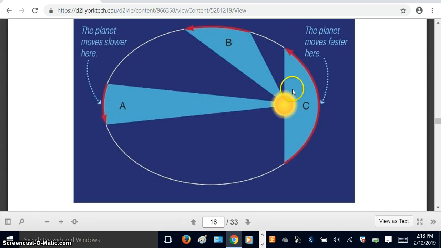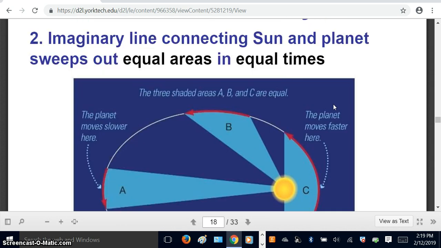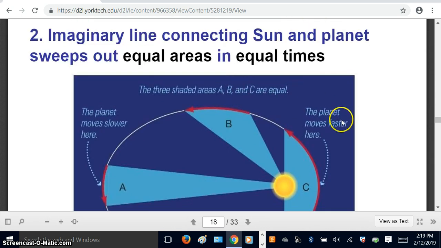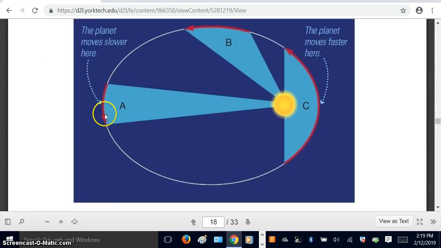When it's closer to the sun, it's moving faster, or the fastest. So that's another way of saying Kepler's second law: equal area in equal times, or slower when it's further from the sun and fastest when it's closer to the sun.